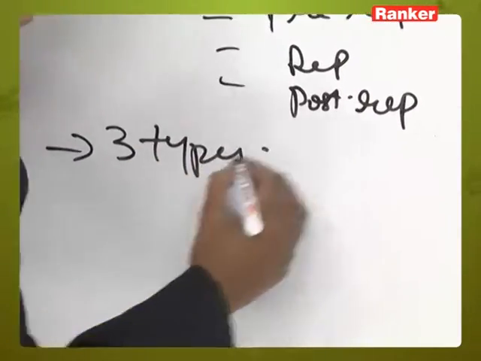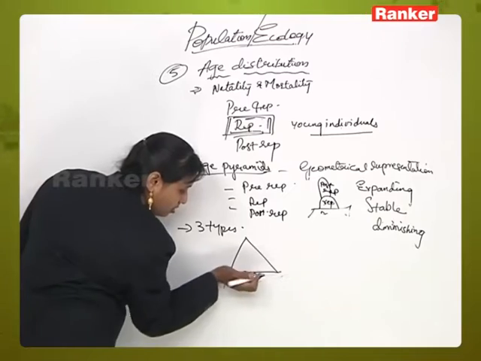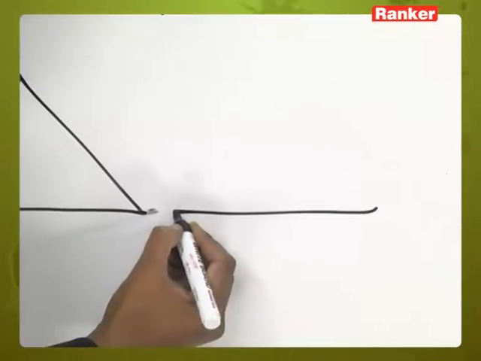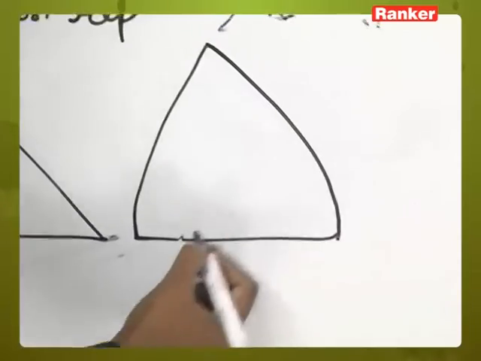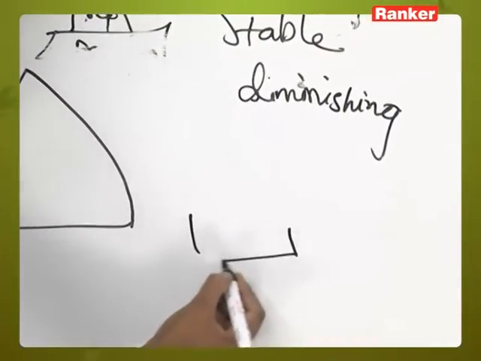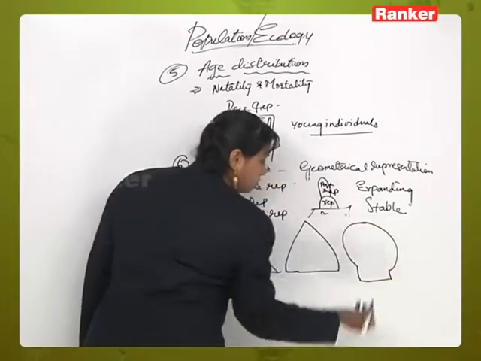So, there are 3 types. Those are triangular, bell shaped, or urn shaped.